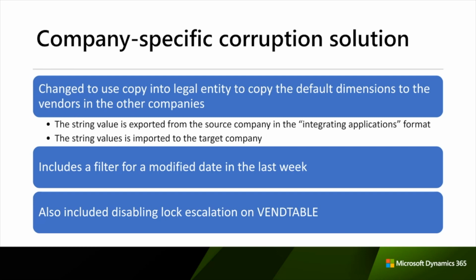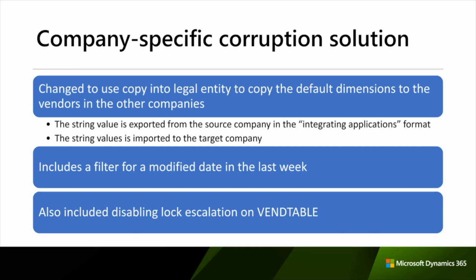And so basically it was an account number and the default dimension string and nothing else. So the default dimension will get exported from the source company in that integrating applications format, which is a string.